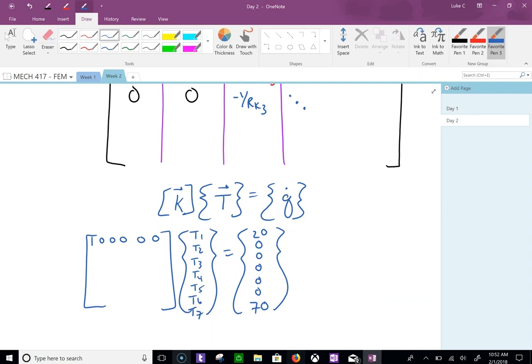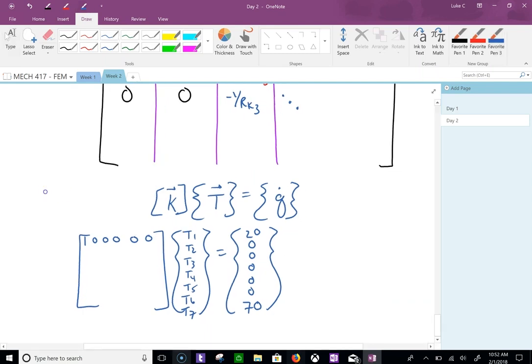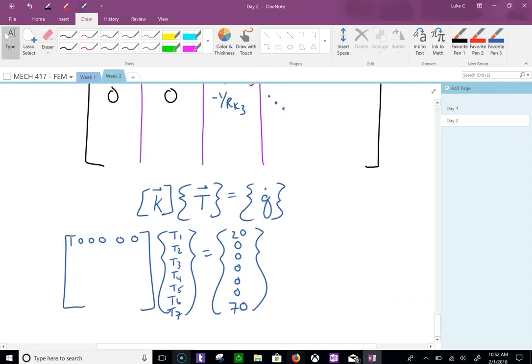So your bottom right, sure, I could put that in here. Your bottom right will be 1 over RK5, plus 1 over RC6, negative 1 over RC6, and then 1 over RC6. Because there's only 6 elements, because you're only looking at the elements.